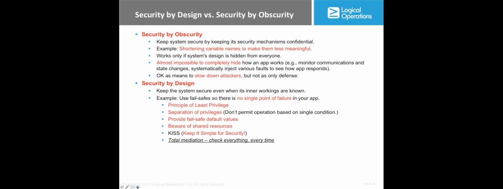And then very similar to security through obscurity would be security by design, right? I don't think anybody would go and build a house, for instance, without a set of blueprints. That would just be foolhardy. So I'm going to have a set of blueprints, I'm going to have a plan. I know where the walls are going to go, where the front door and the back door go, how much space I have for a living room, bedrooms, and kitchen, maybe a laundry room.